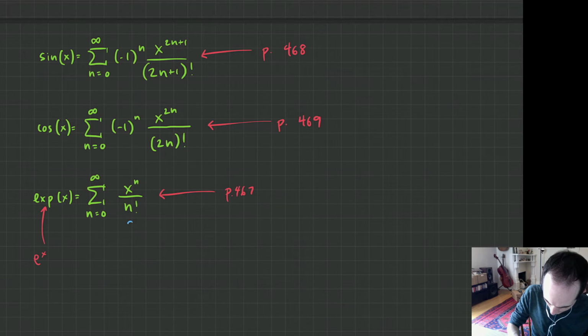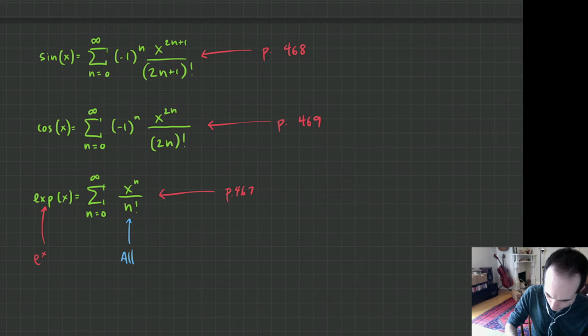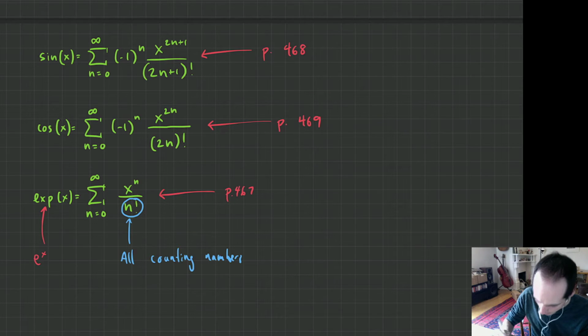If we take a look at this guy right here, this is all counting numbers. This one doesn't skip over anything, right? Let's just think about the factorials that we'll see in the denominator, who cares about the exponents and all of that?